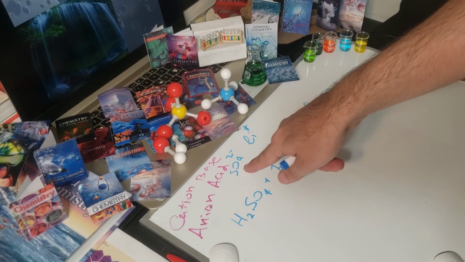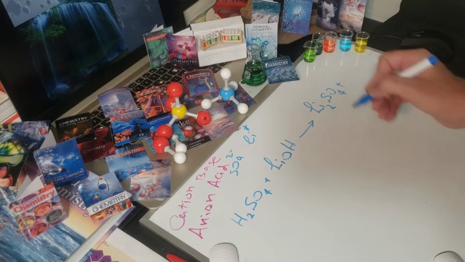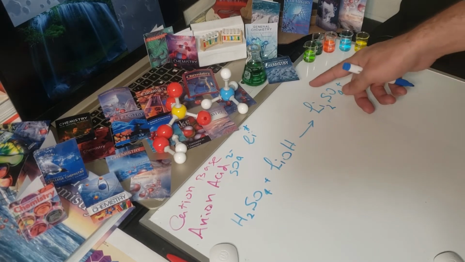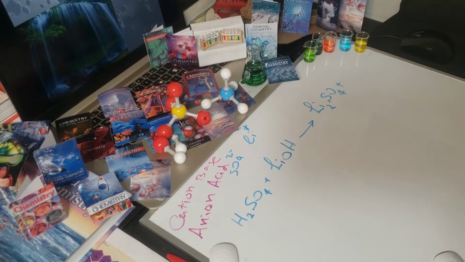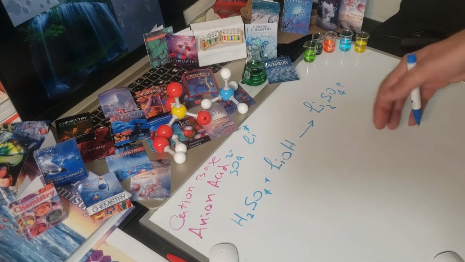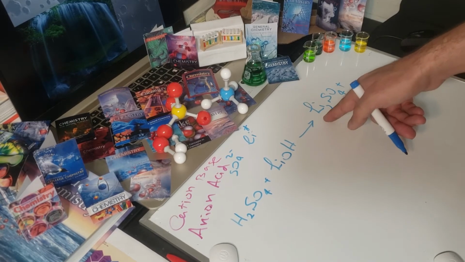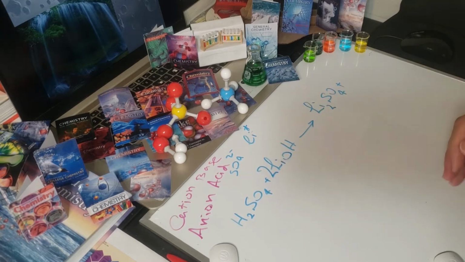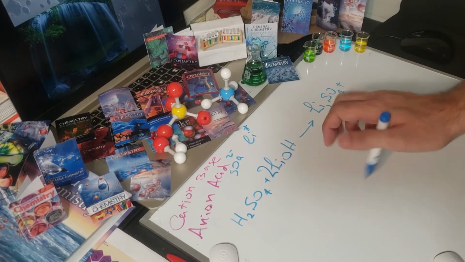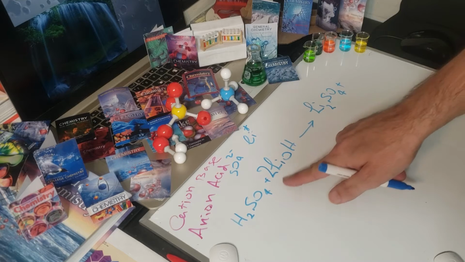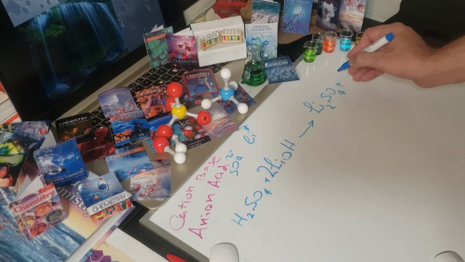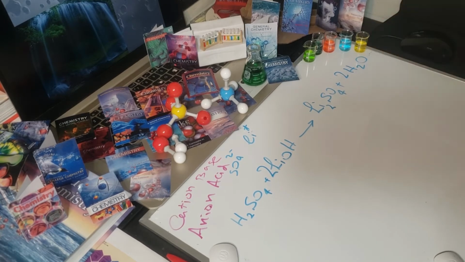The charge for sulfate is 2 minus, so I put a 2 here. The charge for Li is plus, so I don't need a parenthesis and a 1, because we don't write 1 in chemistry. If I assume that this is 1, it would be 2 lithiums, so 2 lithiums here, and it would also be 1 sulfate, so that would be fine. So 2 OH minuses, 2 H pluses, 2 H2Os, that's the reaction.